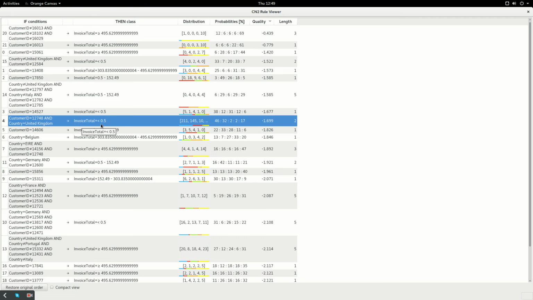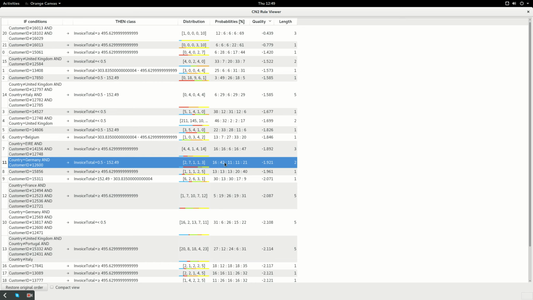So we would ask their account manager or marketing to figure out why that is, why they are doing a lot of returns. And we have a bunch of other rules. We see again over here there's a 42% chance that if the country is Germany and the customer is not 12600, then the invoice total is going to be somewhere between 0.5 and 2.49. So either he's doing something really good or really bad, this customer, because either he's returning a lot of money or he's making high value transactions.